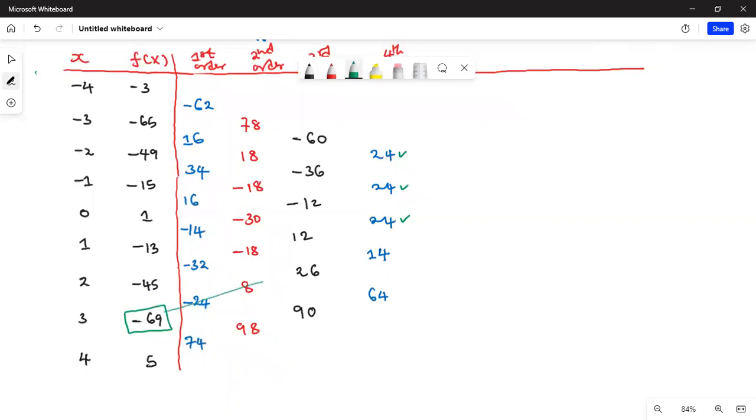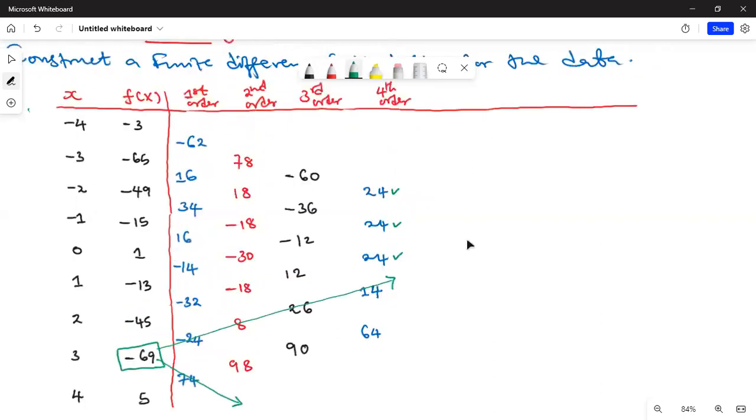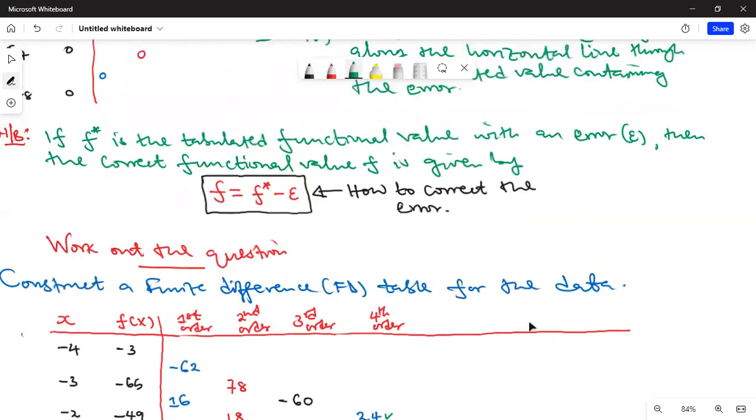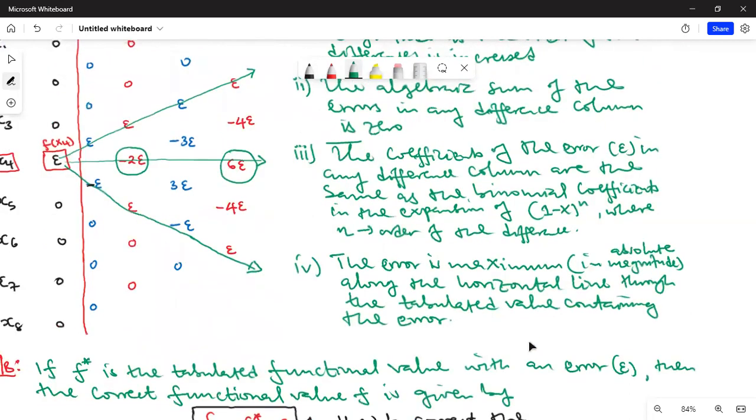Here is where our error is, and even this other side will have an error. So this is how the error is propagated in this manner. All the values between those two lines are not correct. Even the values along those lines are not correct. So there's an error. So let's see our table here for the error detection. You see the error starts from epsilon.